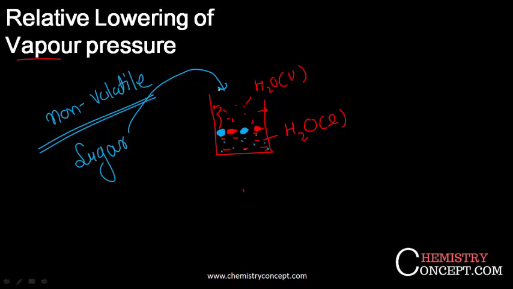Sugar molecules are not volatile, so they will not go into vapor phase. So what will happen? There would be a net decrease in the number of molecules going into vapor phase, because the fraction of the surface occupied by sugar is not converting into vapor.